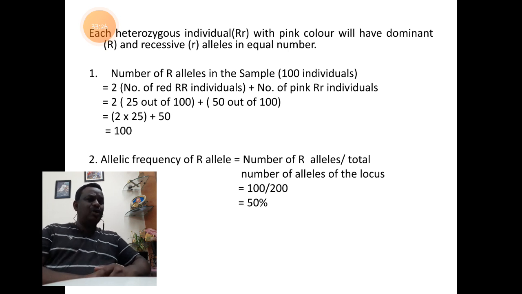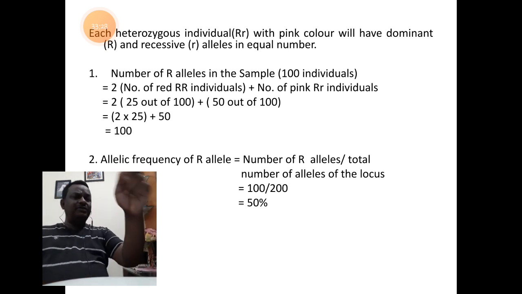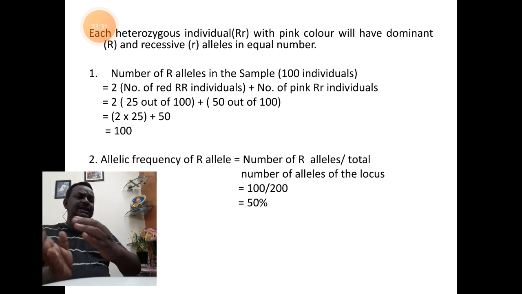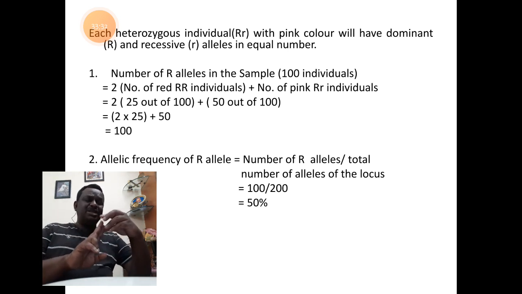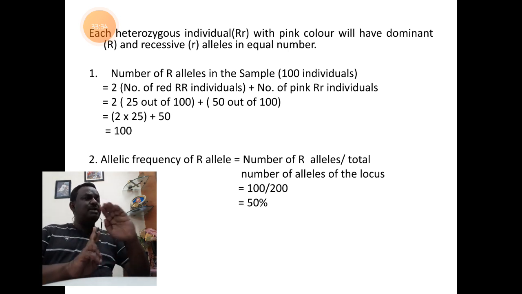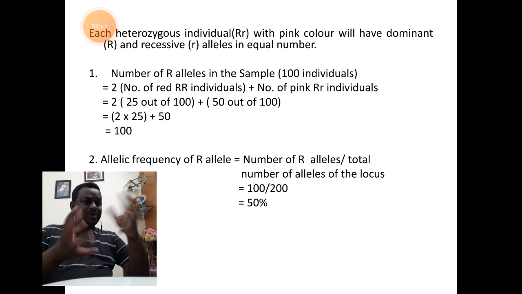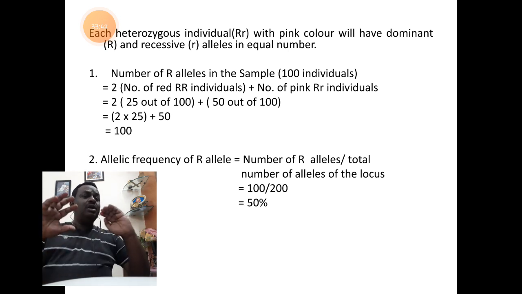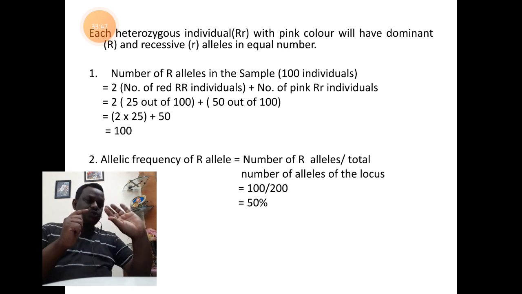How is it possible? You will have to go back and see. The total number of capital R alleles is 100. The total number of small r alleles is also 100. So 100 plus 100, capital R and small r together, is 200. So the allelic frequency of capital R allele is equal to the total number of capital R alleles divided by the total number of alleles present.